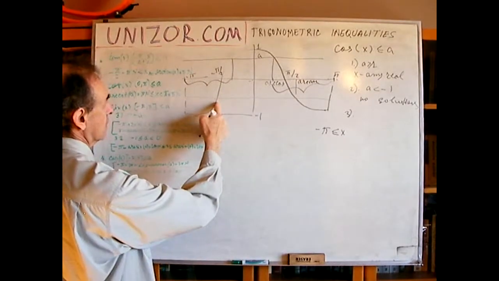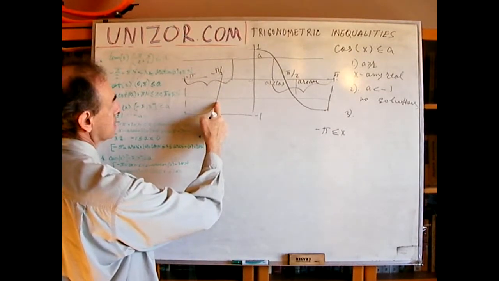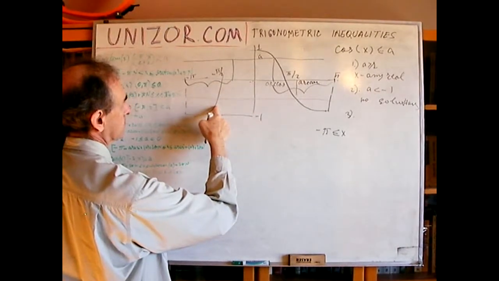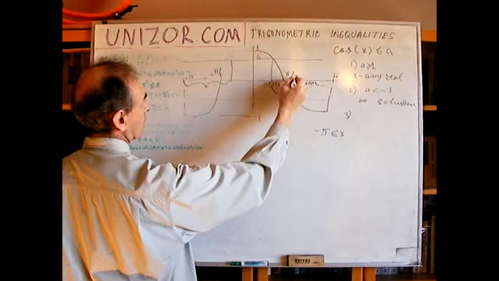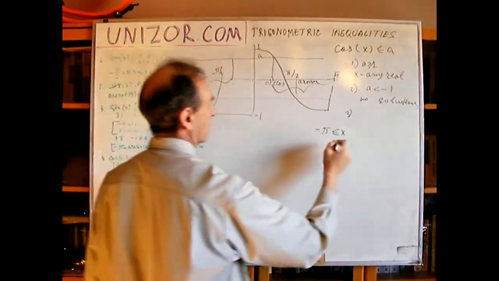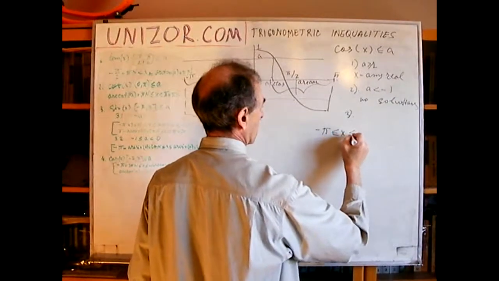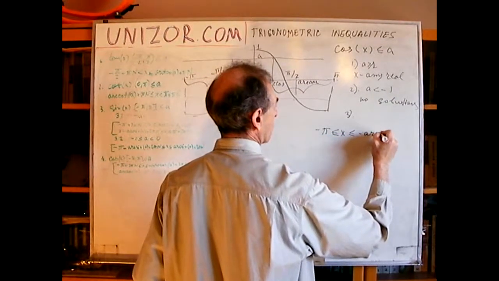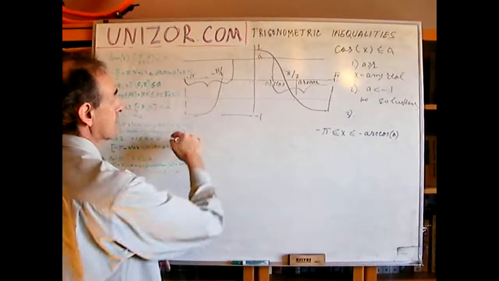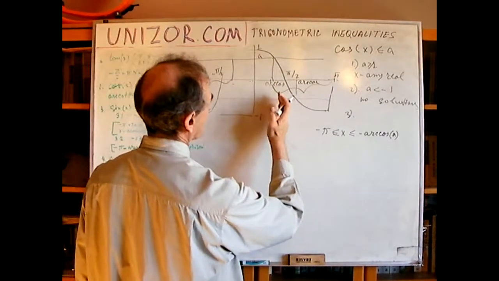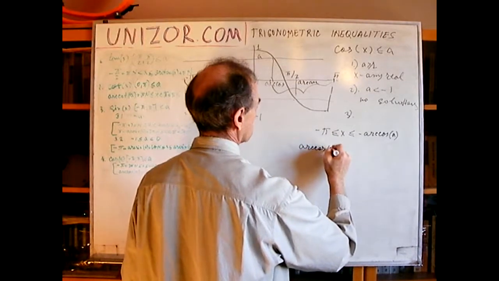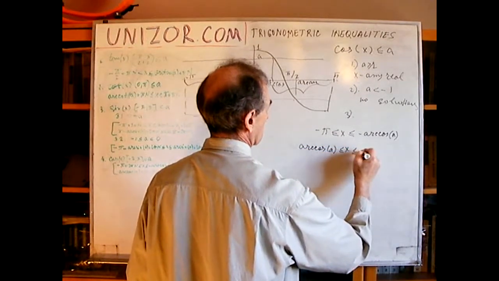And the right point is minus arc cosine. Right? If this is arc cosine, then this is minus arc cosine of a. So that's one interval. And the second interval is from arc cosine of a to pi.